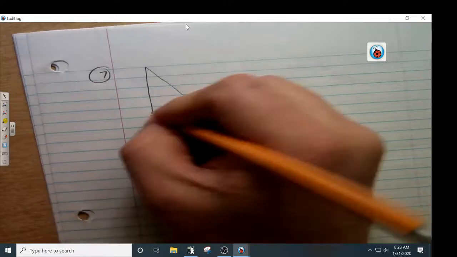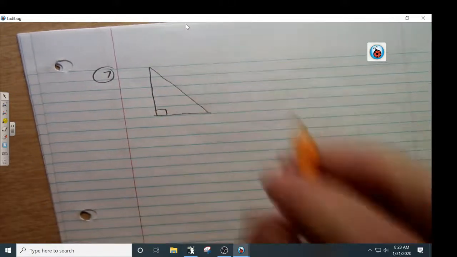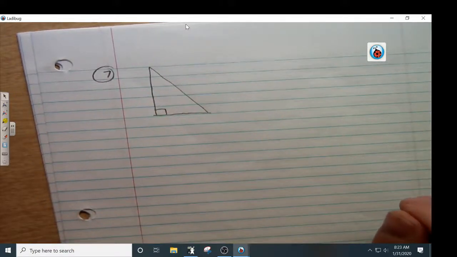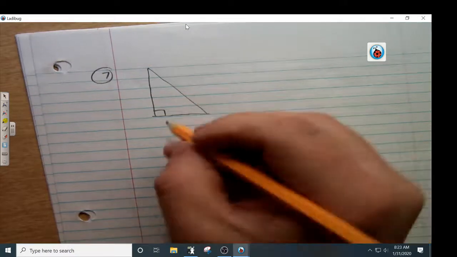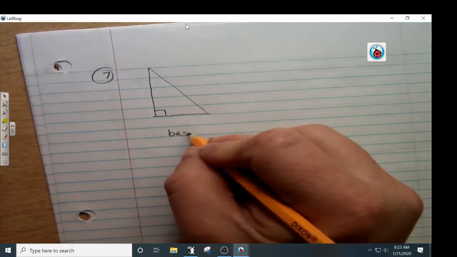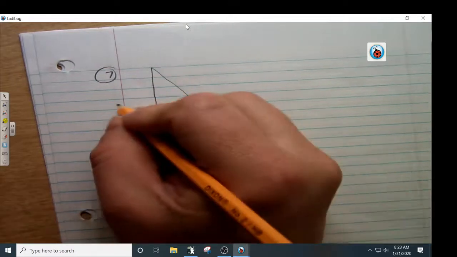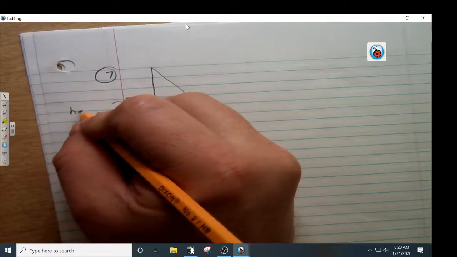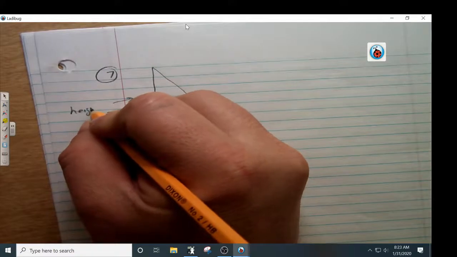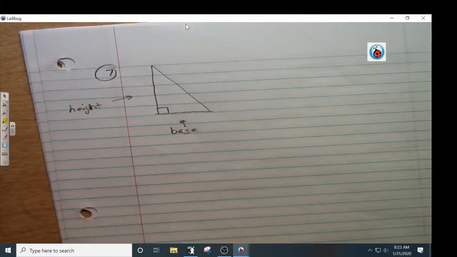Now, it says the base of a triangle is 5 feet longer than the height. Okay, now, guys, this is the base down here, right? That's the base. That's the height.